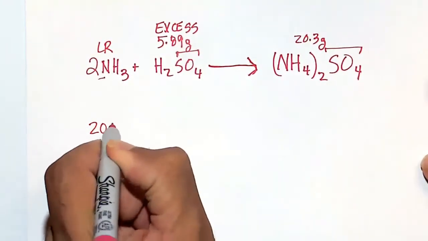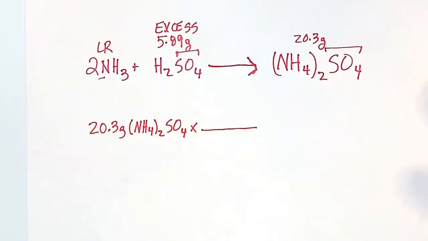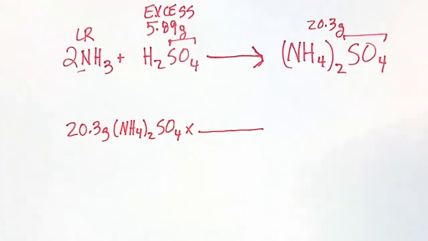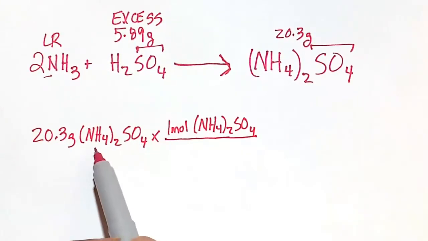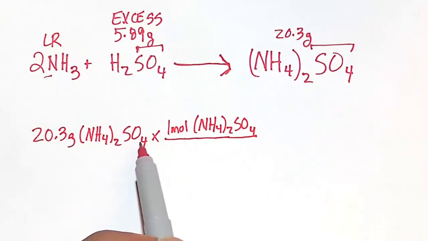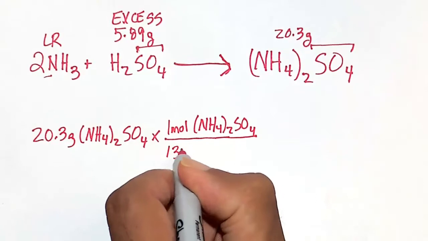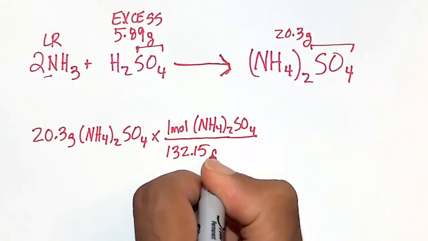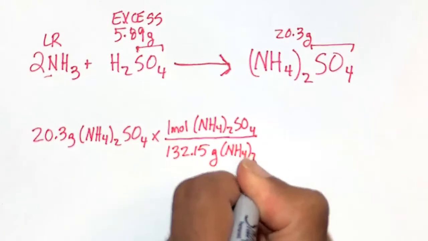We got 20.3 grams of ammonium sulfate. A good first step is to convert to moles. So 1 mole of ammonium sulfate is 2 times N plus 8 times H, 1 S, and then 4 times oxygen. I'll do that quickly on my calculator, and I'm getting about, a very quick and dirty calculation, about 132.15 grams of (NH4)2SO4.